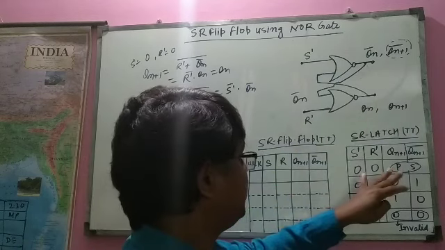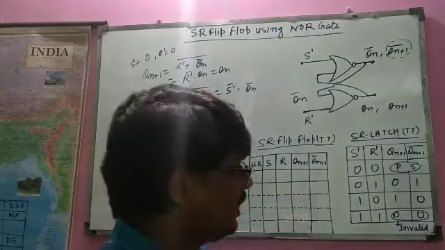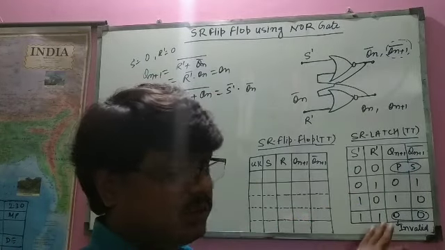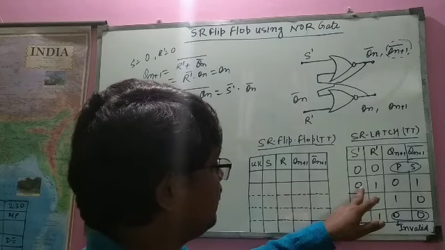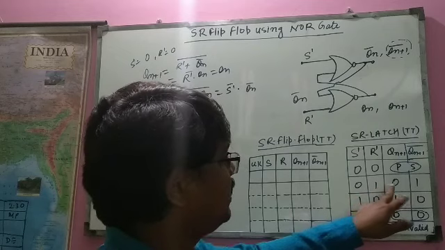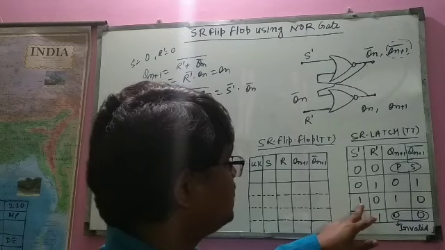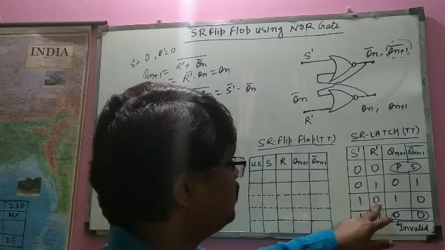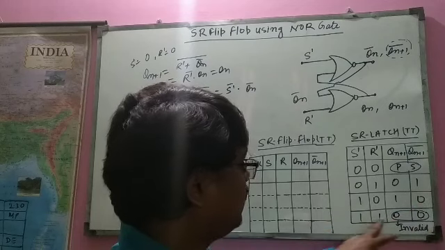That's why when S and R are 0, it will remain in the previous state. Like that, we have filled in all these things in the previous class. So if S dash is 0 and R dash is 1, its output will be 0 and 1. When S dash is 1 and R dash is 0, its output will be 1, 0, and like that.